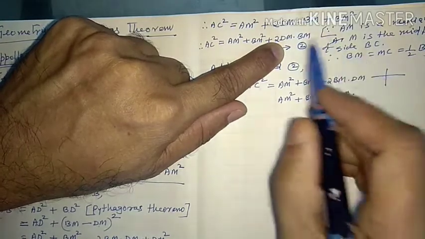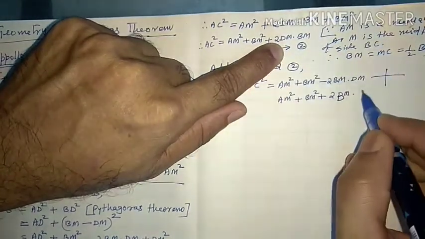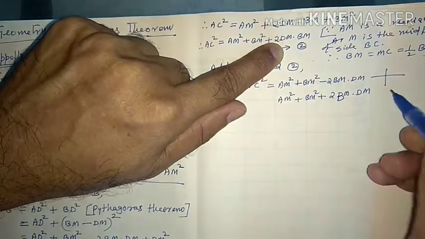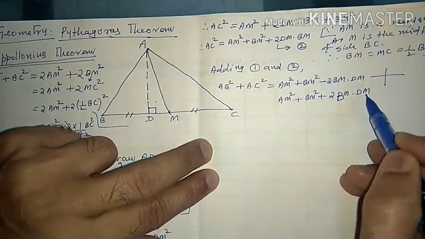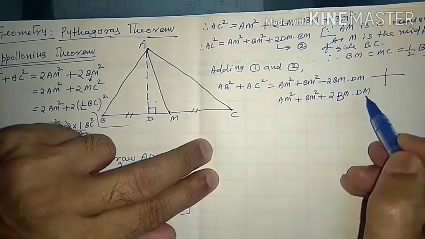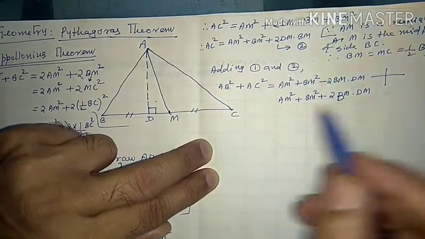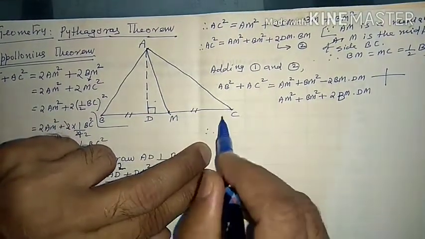We write BM into DM. Same only. A into B equal to B into A also, like 2 into 3, 3 into 2, 6 only. Like that. Therefore, what we are getting?